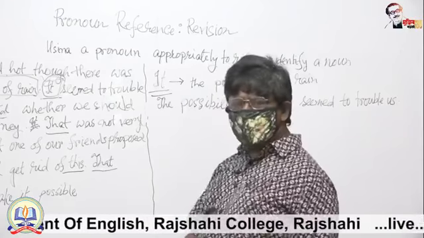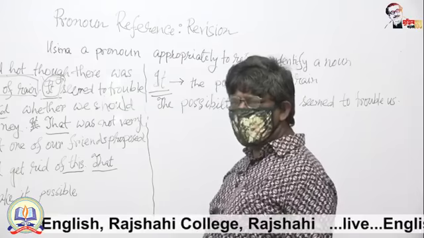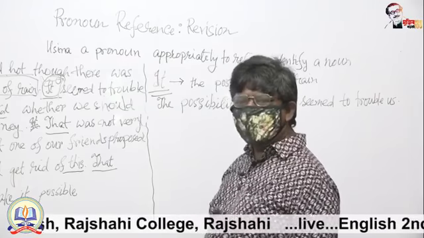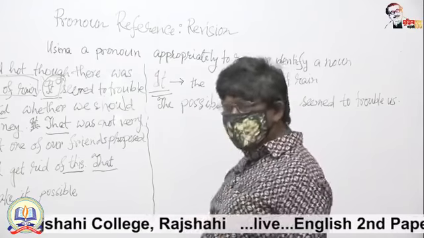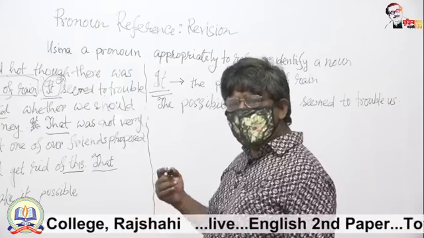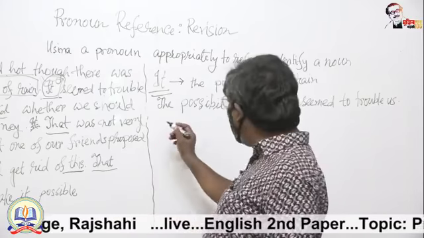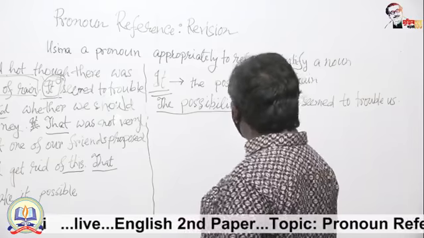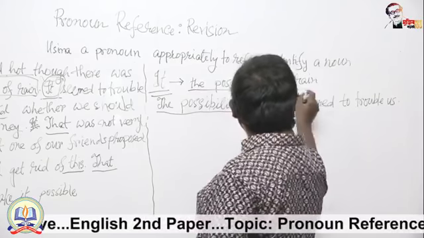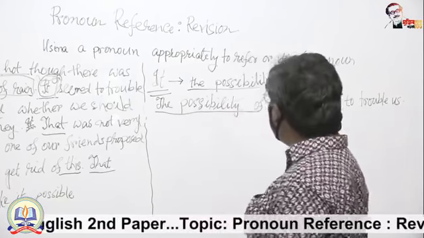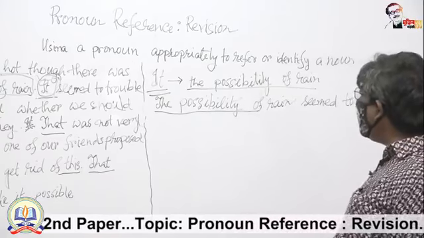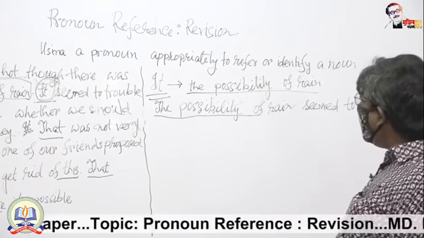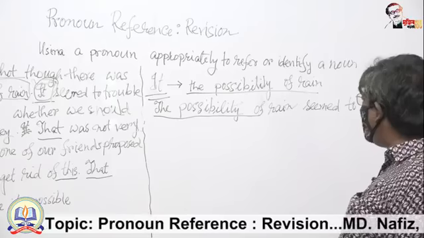All pronouns are a reference of a particular noun. Sometimes a pronoun may refer to a noun phrase like this one, the possibility of rain, as I have shown in the previous line. It refers to the possibility of rain.